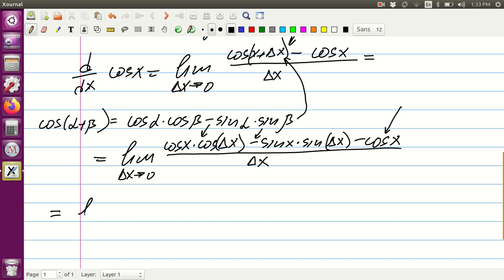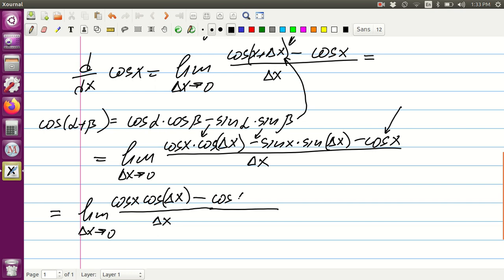So let's do that. We have the limit as delta x goes to 0. The first fraction has delta x in the denominator, and cosine of x, cosine of delta x in the numerator, together with this cosine at the end of the previous fraction.